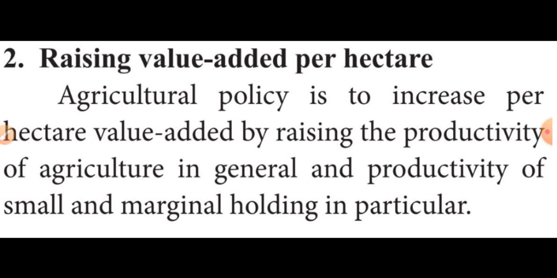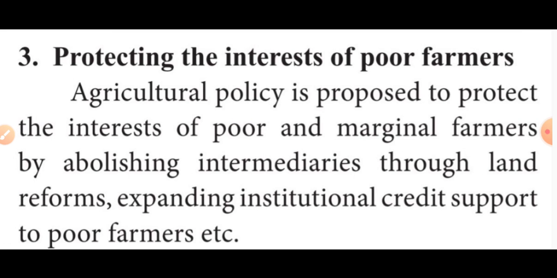Okay. Then the third one is protecting the interest of poor farmers. That means the agricultural policy protects the interest of poor and marginal farmers, and also it abolished the intermediaries through land reforms.